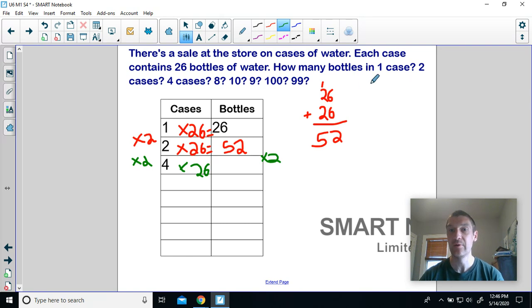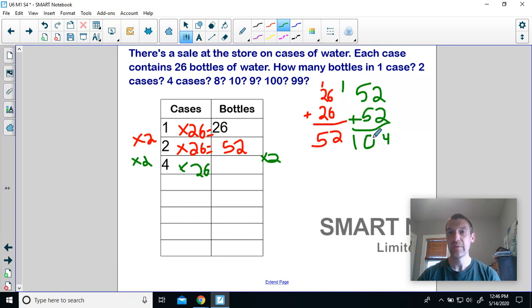So I'm going to double my 52. 2 ones and 2 ones gives me 4 ones. 5 tens and 5 tens, that gives me 10 tens, which is the same thing as 100 and 0 tens. So that is going to be 104 bottles in 4 cases.